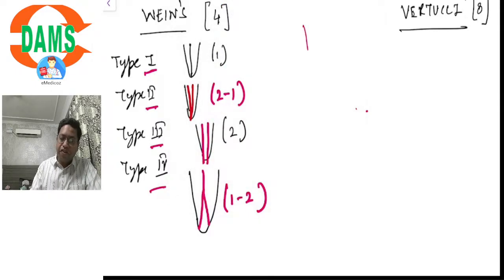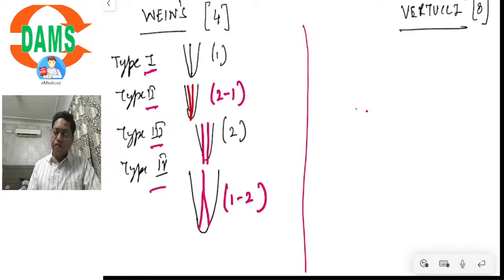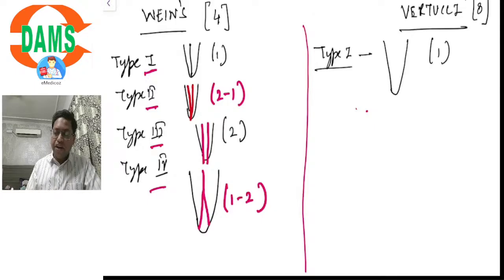Now we look at the Vertucci canal configurations. According to Vertucci, type 1 is basically the same as the Weine type 1 that we have seen. In a single root of a tooth, there is a single canal from the coronal to the apical third.